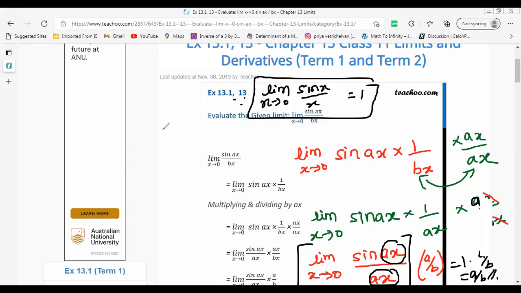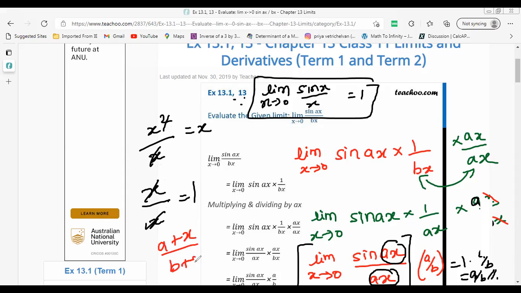Whenever you have a similar variable, you can cancel out. Like imagine you have x square upon x. You can simplify this expression into x, right? So if you are having x upon x, you are allowed to cancel. In case your expression is like a plus x upon b plus x, then you are not allowed to cancel. In case you have subtraction, you are not allowed to perform the cancellation.